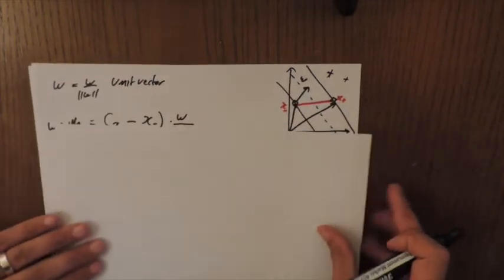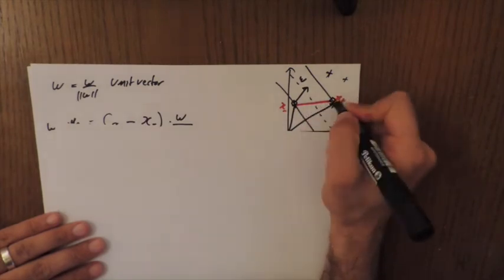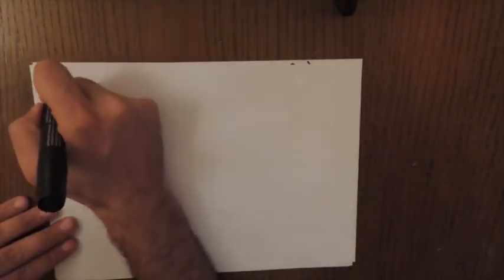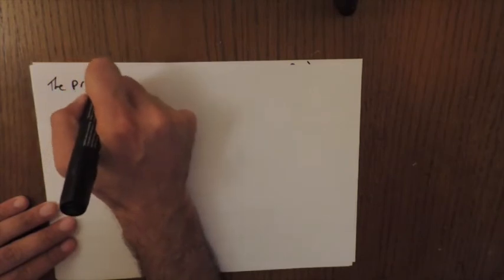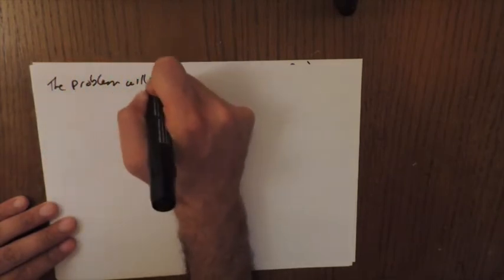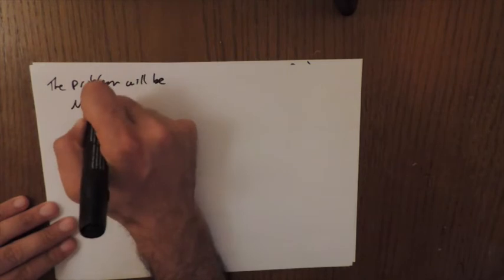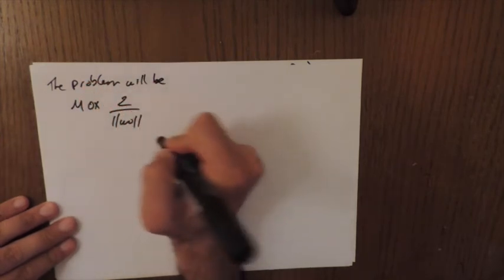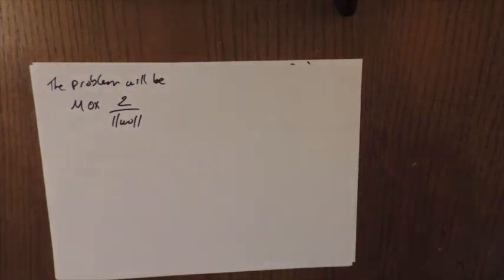So the problem now, which is the width between x plus and x minus, will be to maximize 2 over the magnitude of w0. We can do some manipulation to make it easier.